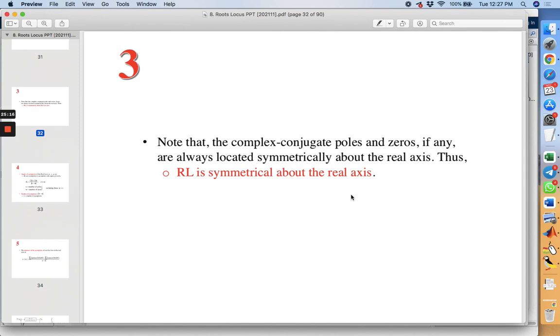Let's say if we have a pole at -3 + j3, we also have another pole at -3 - j3. So it is symmetrical about the real axis.